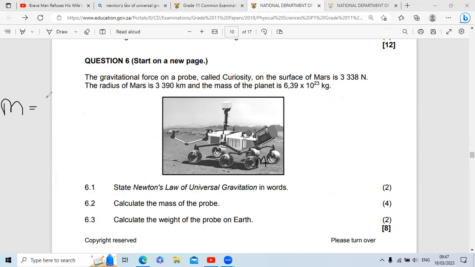So we're going to have 3, 3, 3, 8 newtons. And this is going to be multiplied by the distance squared, which is going to give me 3, 3, 9, 0.